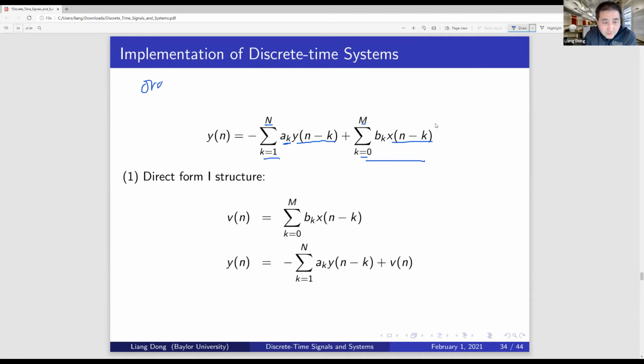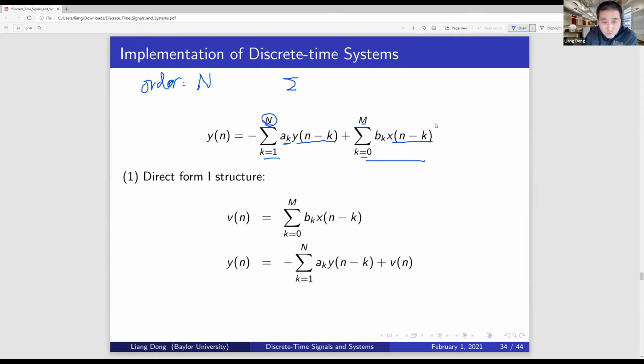The order of this system is N, because N is how many delayed feedbacks I have. In this case, the order is N. As I said, usually people like to move everything with y's to the left.